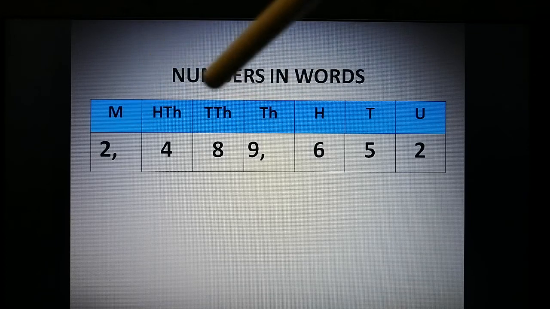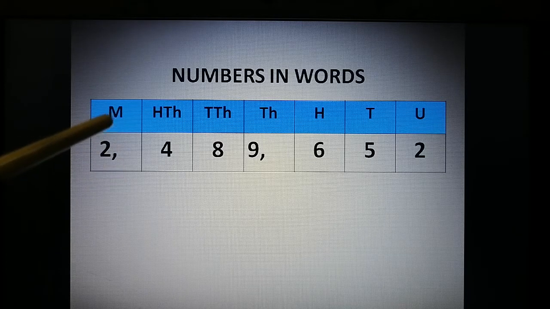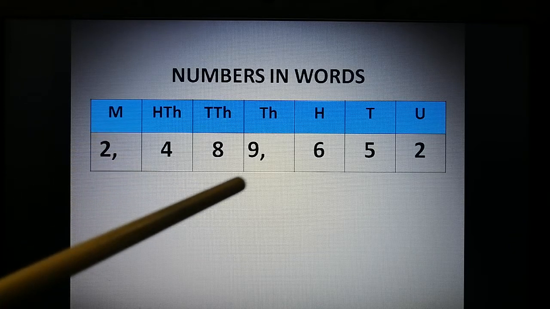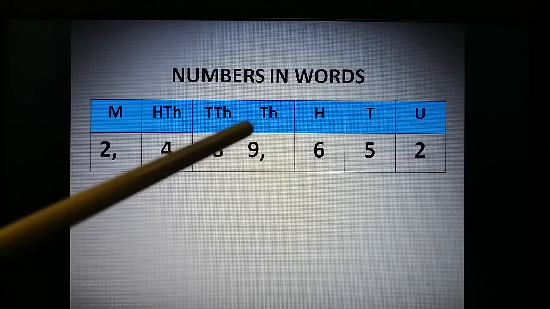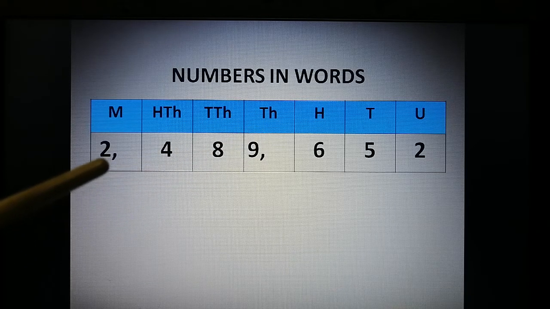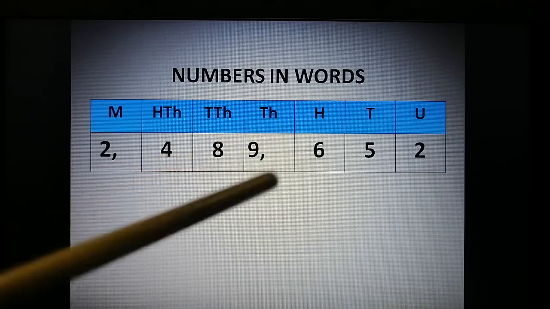489 and only 2. Okay, now the next step is that this comma name is million, and the second comma name is thousand. Remember it. This comma and space name is million, and this comma and space name is thousand.